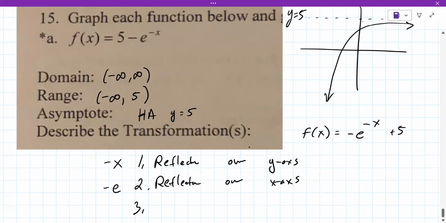And you might wonder, well, what's the difference? The original negative is inside parentheses. It's kind of like left-right stuff. It's the innermost stuff. And you can also talk about what affects x and y. The last thing, the plus 5, is the vertical shift of 5 units up. I guess we're going to say up.